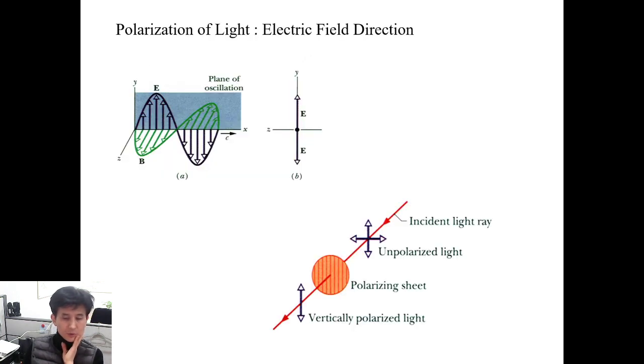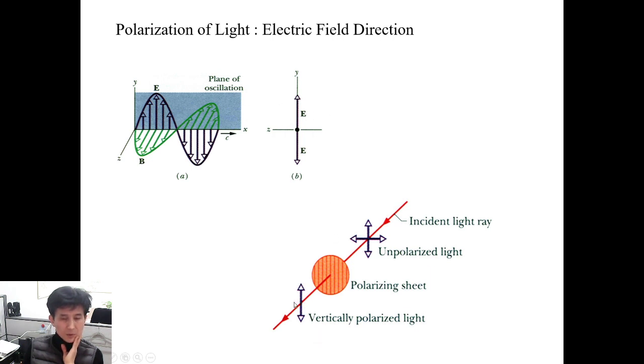And the second thing we need to remember is polarization. As I mentioned, the electric field and magnetic field are at right angles for an electromagnetic wave, and we define the polarization angle of light by the polarization angle of the electric field.